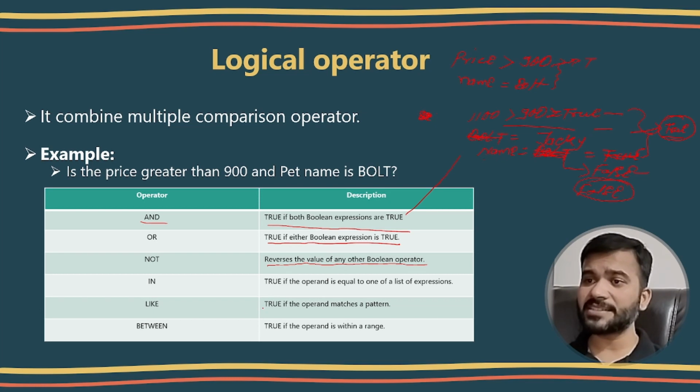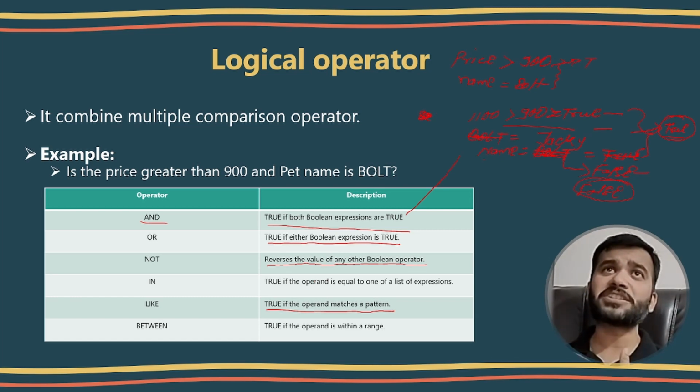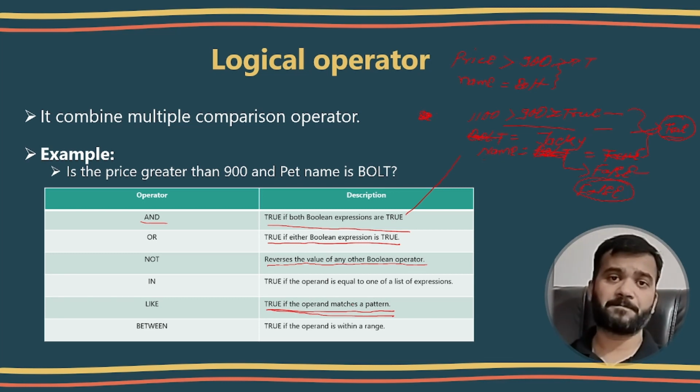What does LIKE do? Basically it finds whether the operand matches a pattern. Like if I say, I want to fetch the data whose name starts with L, in that condition we will use the LIKE operator. Basically it tries to find a pattern in that particular data.